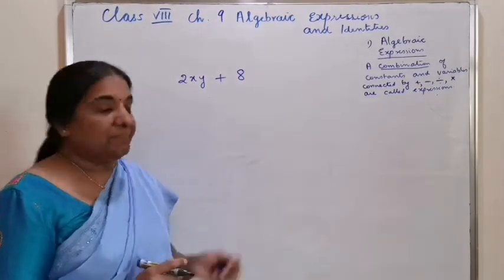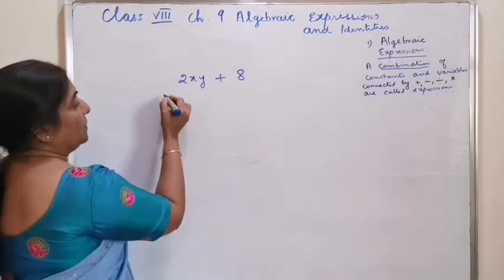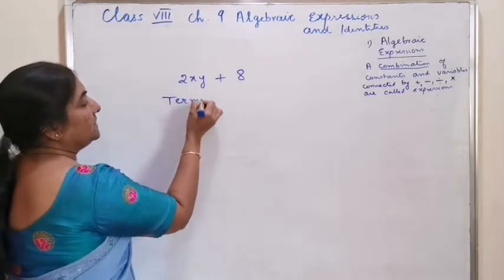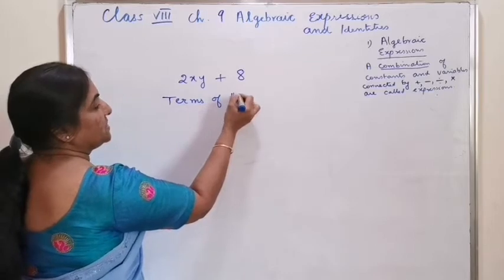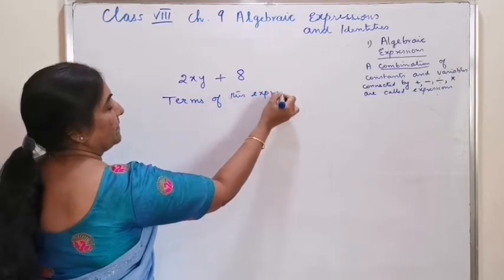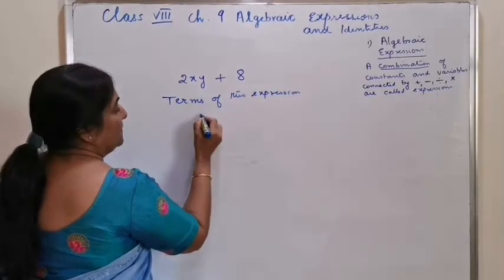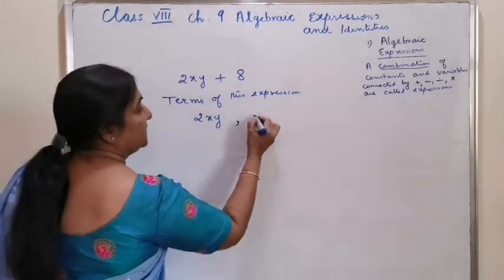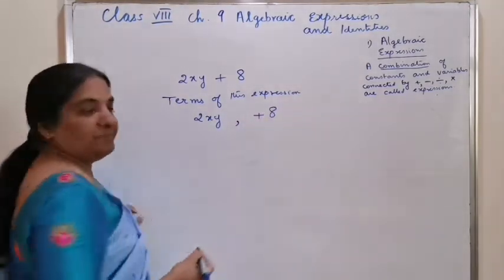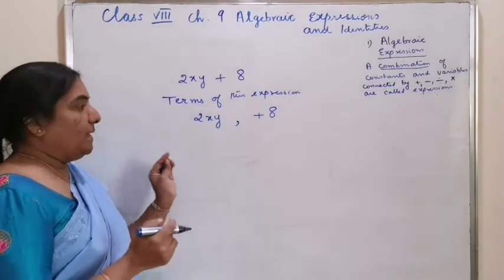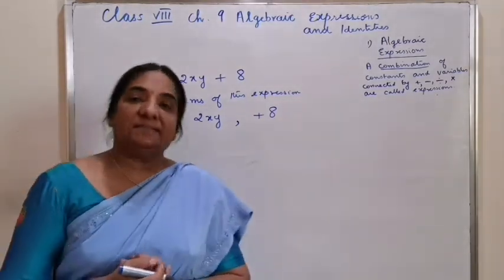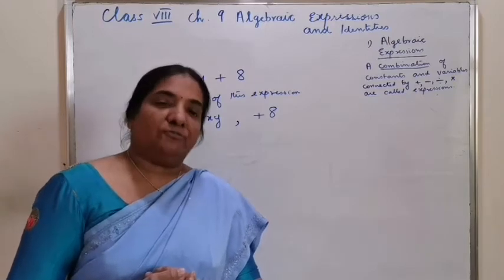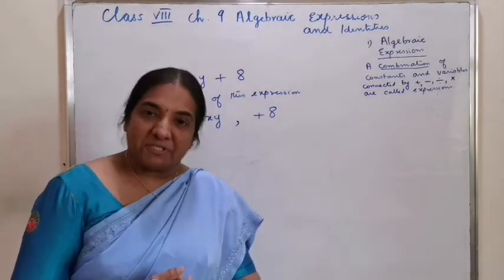And here the terms of this expression are, the first term is 2xy and the second term is plus 8. Because when you combine the terms, you are forming an algebraic expression.